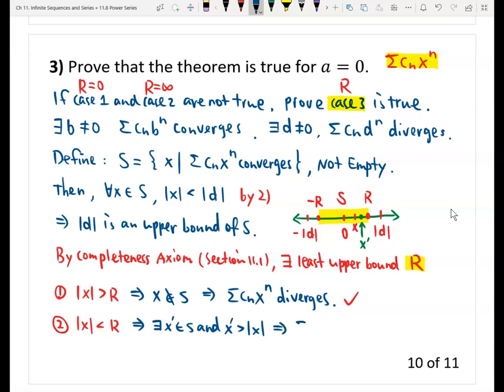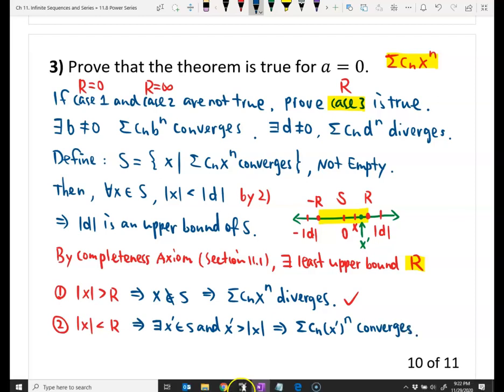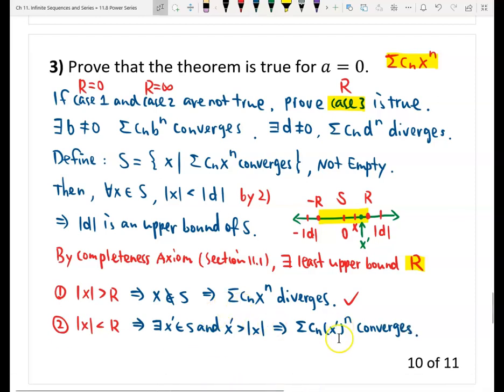Because this X prime belongs to S, this is a convergent point, right? Therefore our series, X prime raised to the nth power, our power series converges this time. And because this converges, so what? So we can get that X converges. Imagine why.